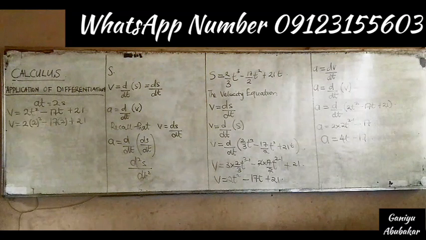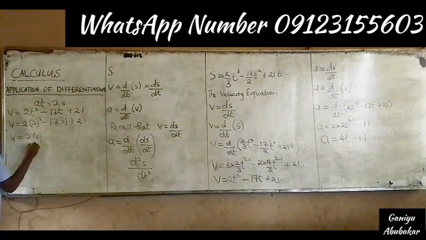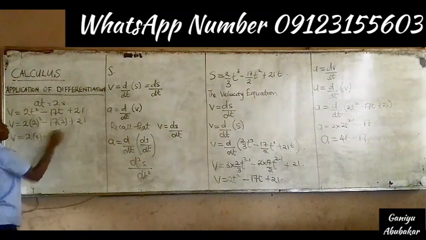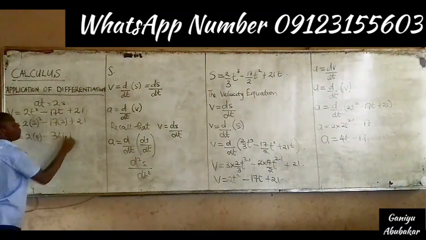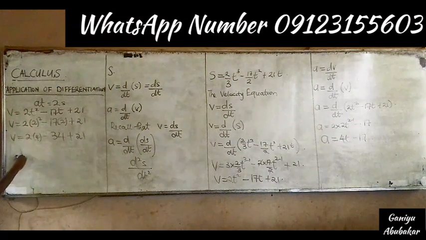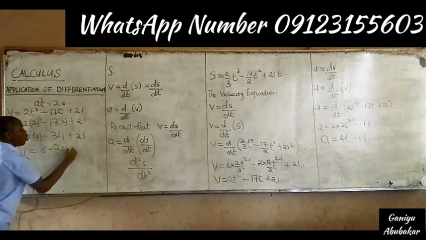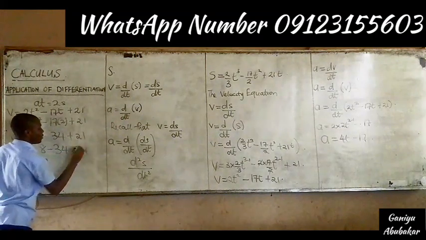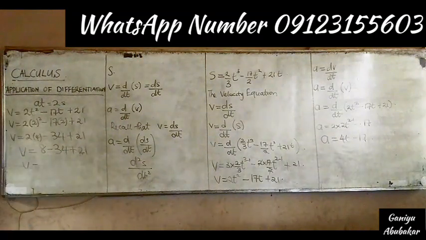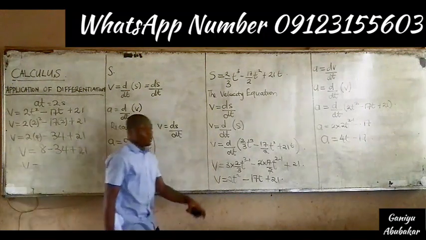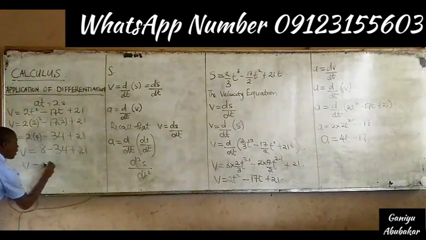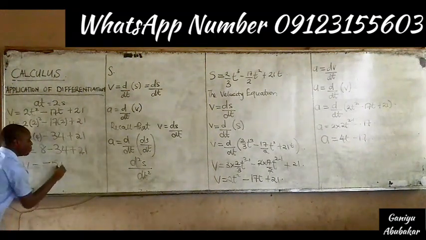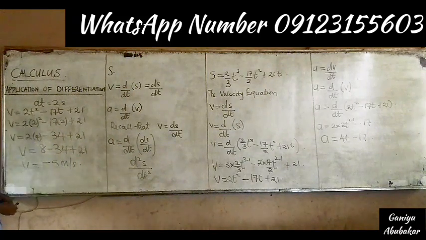Let's simplify this. v is equal to 2 into 4, which is 8, minus 34 plus 21. What's my answer? Minus 5. In what SI unit? Meter per second. Velocity is meter per second.